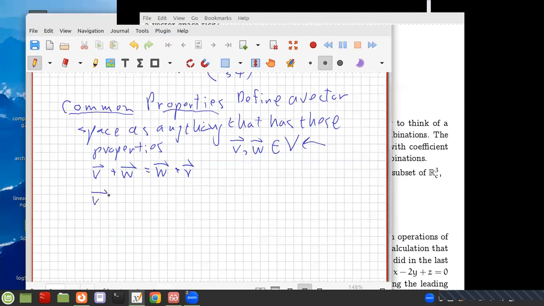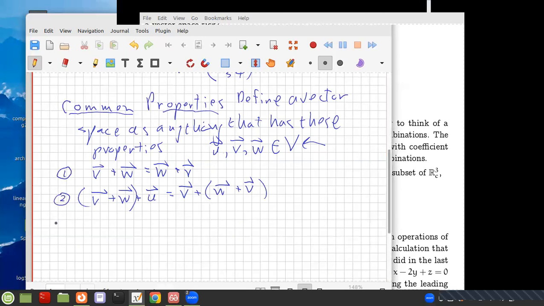And in the same way, if we have three of them, u plus v plus w has to equal v plus w plus u. So if I have any few vectors, this is the commutative property, and this is the associative property.